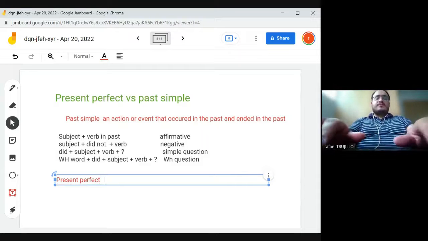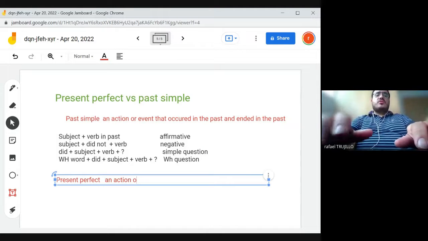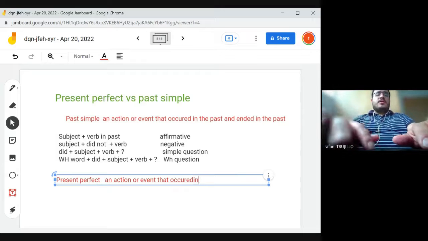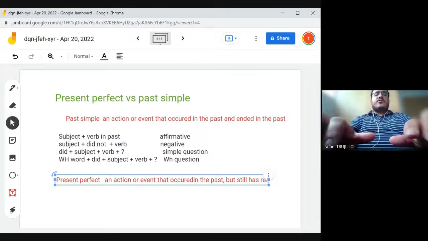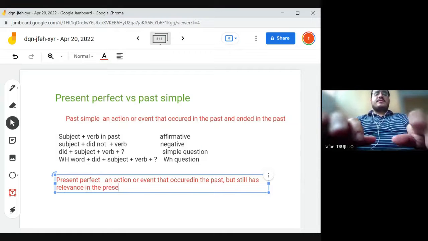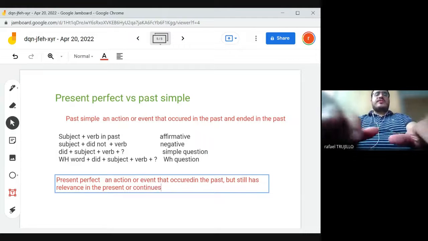And what it is, an action or event that occurred in the past but still has relevance in the present or continues in the present.